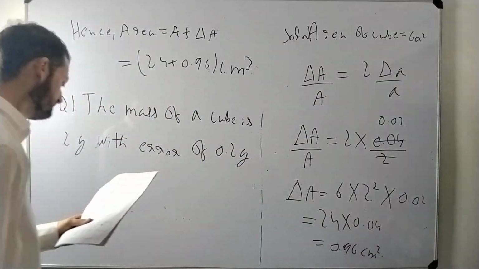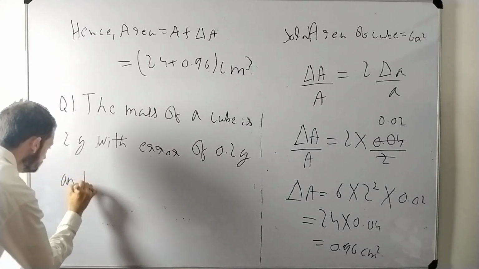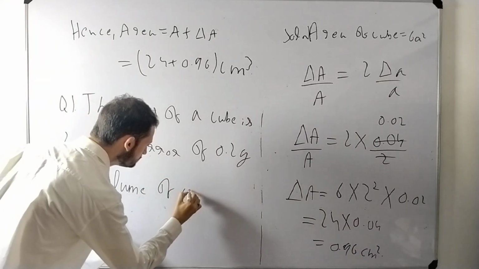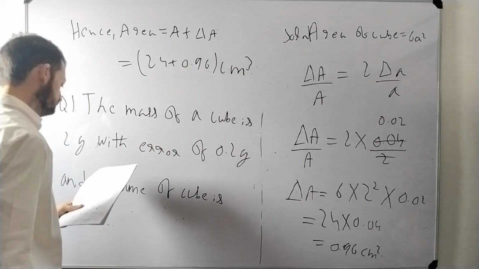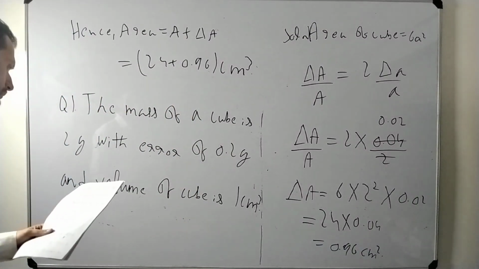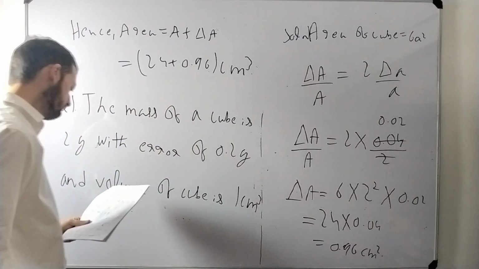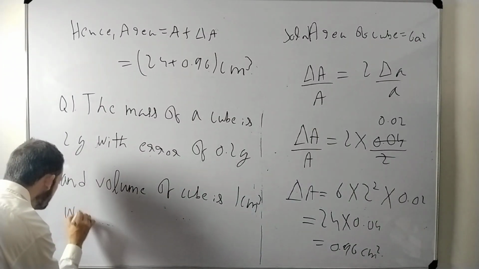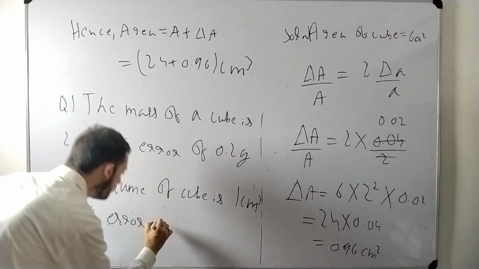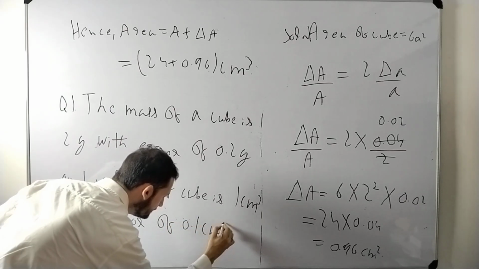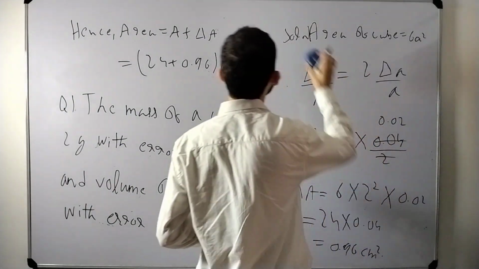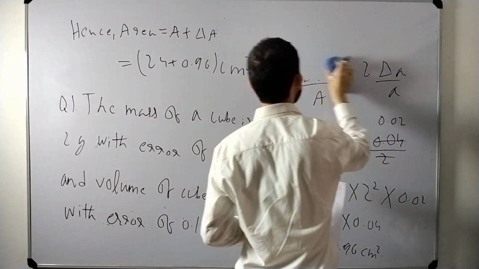And volume of cube is 1 centimeter cube, with error of 0.1 centimeter cube. Find percentage error in density.